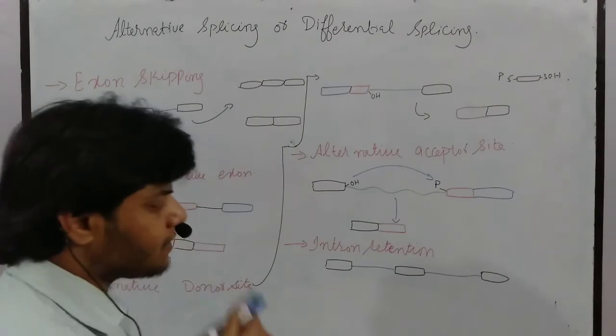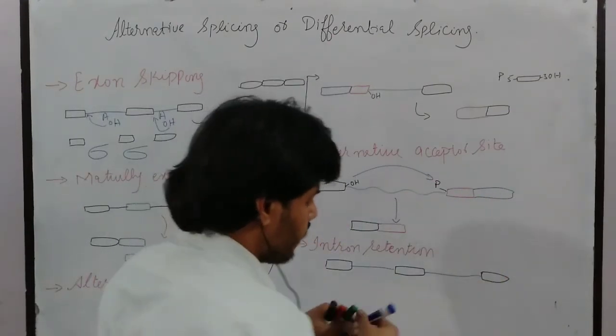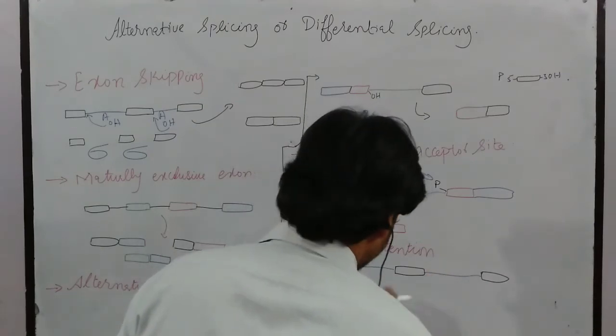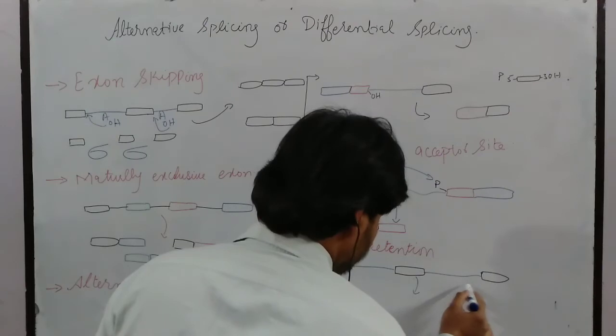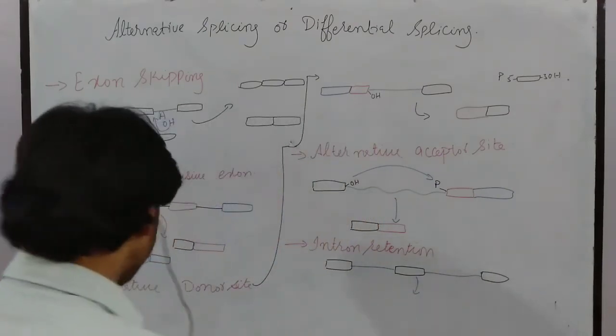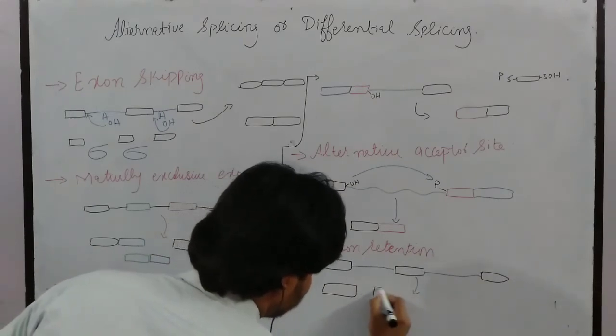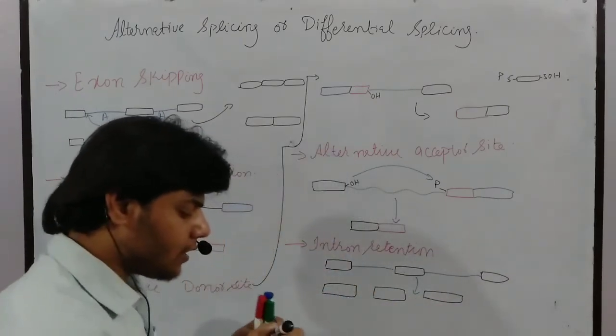So during splicing, what happened? The introns are released out. Once the introns are released out, the exons will be connected. So let me draw. This is the first exon, second exon, and third exon. So how will they be connected?